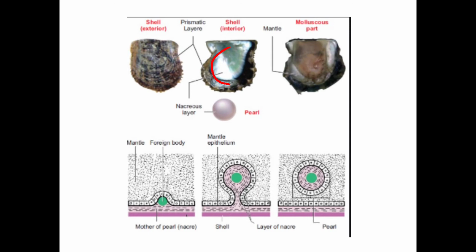It forms pearl. Then the pearl bears a central nucleus, and around the nucleus several layers of organic and inorganic substances will be deposited.